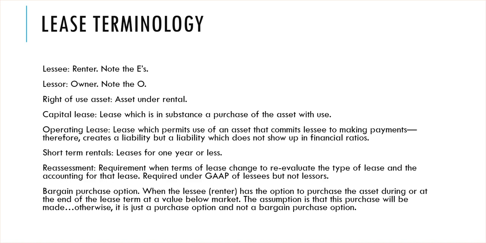Sometimes when you rent things, the lessor, the one who is the owner of the property that's renting to you, is going to say, before you take this equipment away, I want you to make your first payment today. Well, if that's the case and you're making the payment today, that is an annuity due.